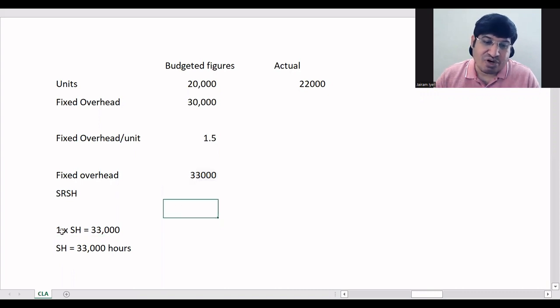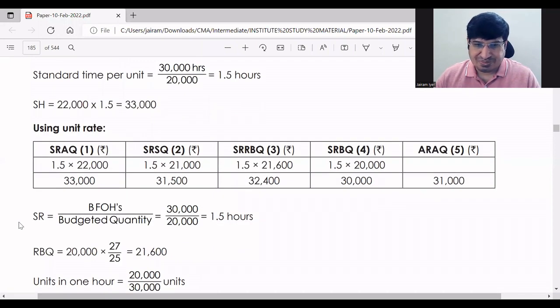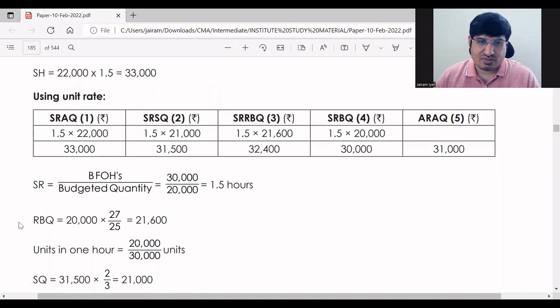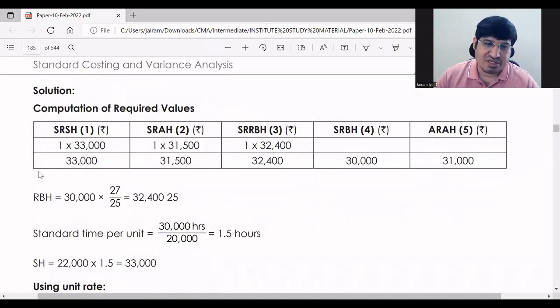What if ये अगर 1.2 होता, then you couldn't take this directly. आपको यही करना पड़ता. ठीक है, this is how you have got 33 hours. समझ में आ गया? चलो, so 33,000 hours is what we have got. ये हो गया. Then so this we have got SRSH.